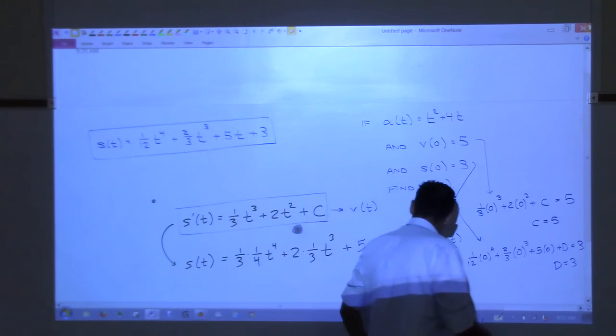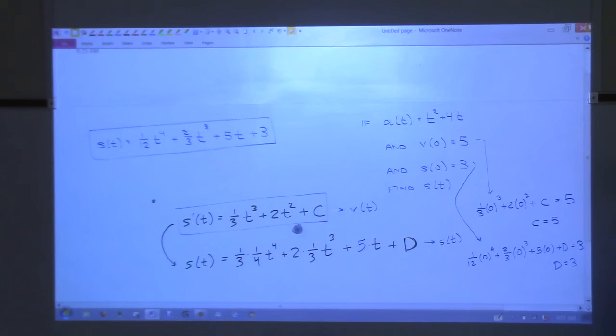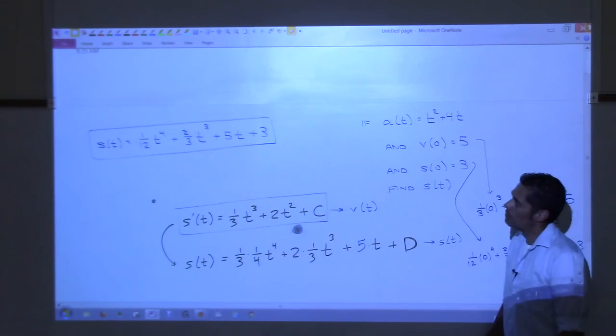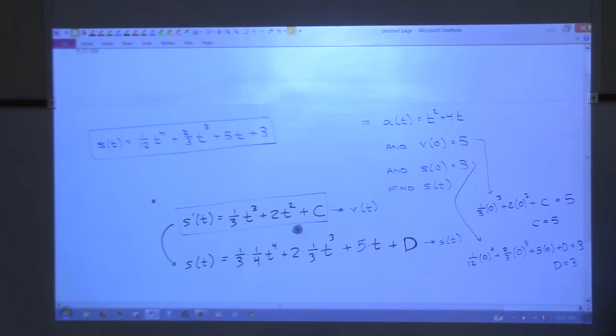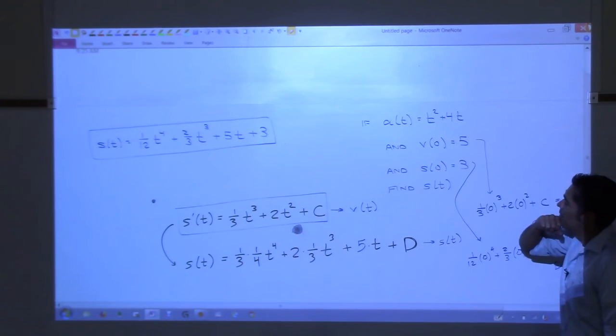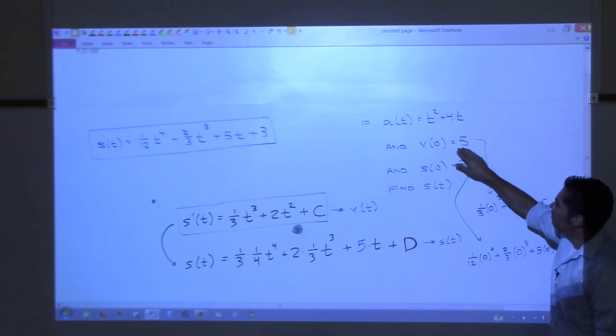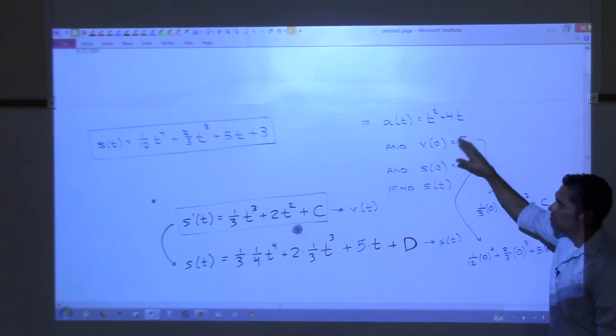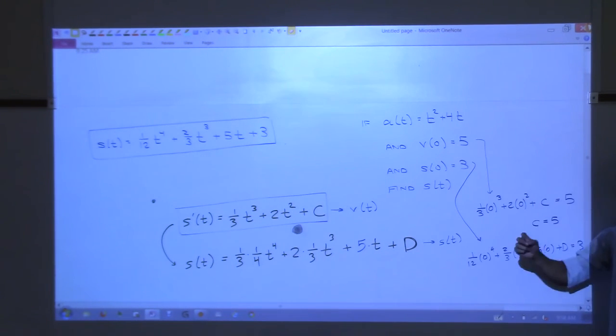That gives me the exact position of that object at every point in time. I still think it's pretty remarkable that if you know the acceleration at every point in time, and then just one piece of information about each of these, that you can tell me exactly where it is at every point in time.